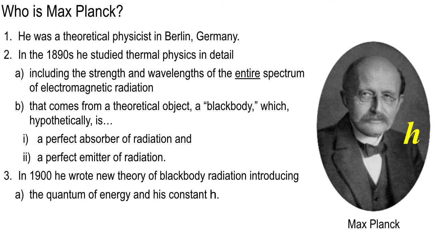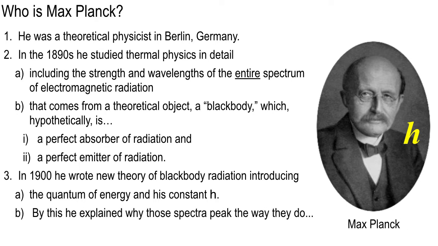He said, look, if you make its energy proportional to h, some constant, and it has to be some multiple of h and a bunch of other constants like the speed of light, you can explain and put the peak wherever you want, temperature by temperature, and it will work.